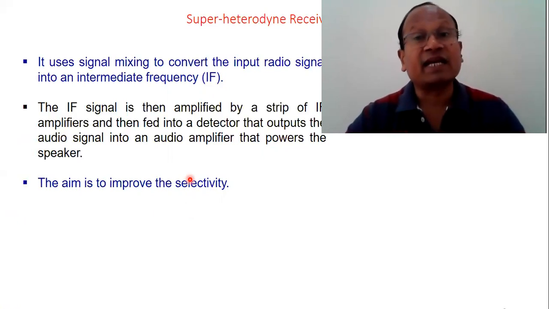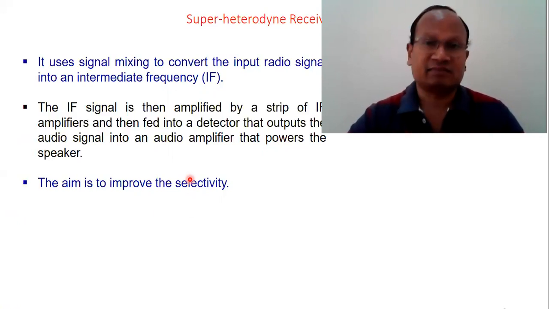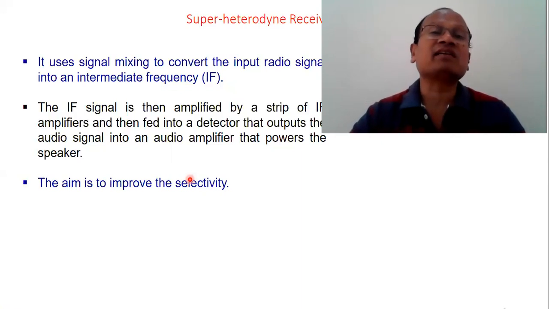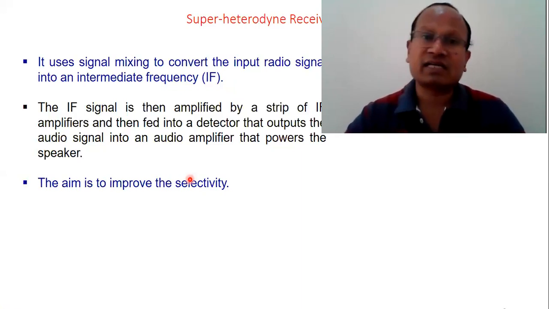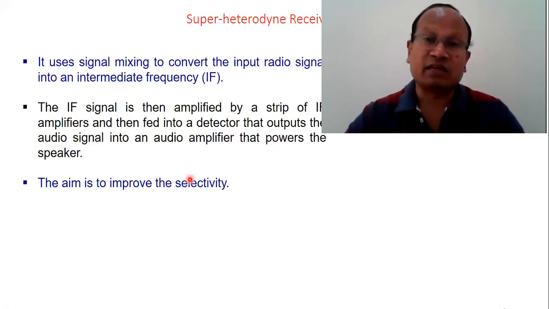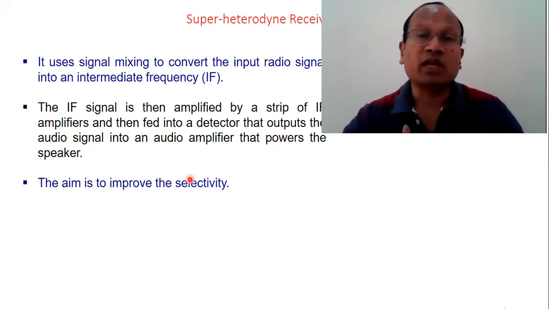Selectivity is the ability to select the desired signal, to select the desired band. That ability is enhanced by the component called the IF amplifier. So in the receiver there are two stages. In super heterodyne, RF is there, of course, which is used to improve the sensitivity, but when it comes to selectivity, we use the IF amplifier.